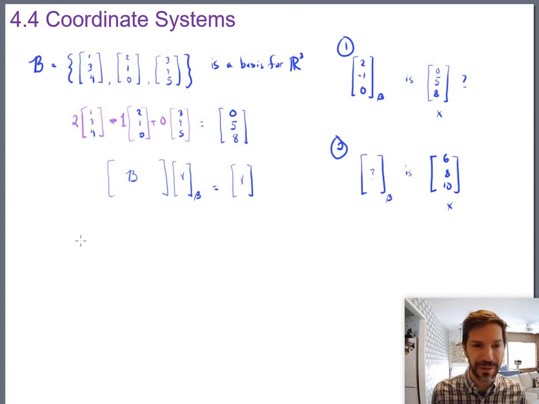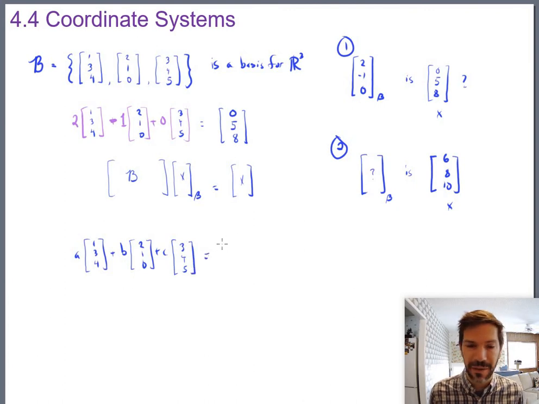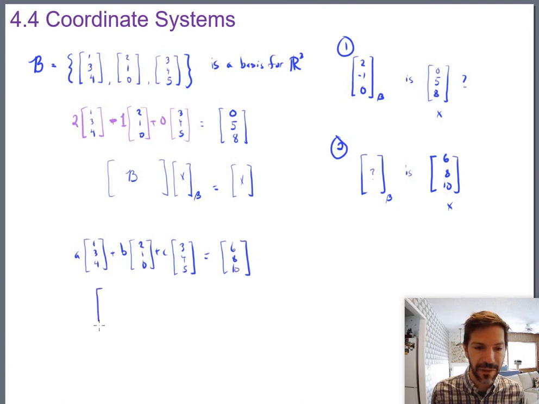And there, of course, you're looking for something times 1, 3, 4 plus something else times 2, 1, 0 plus something yet else times 3, 4, 5 to produce 6, 8, 10, or to write it in matrix form, which I didn't do last time.